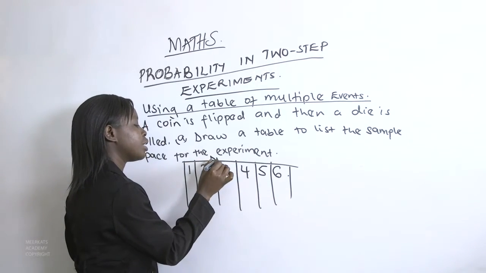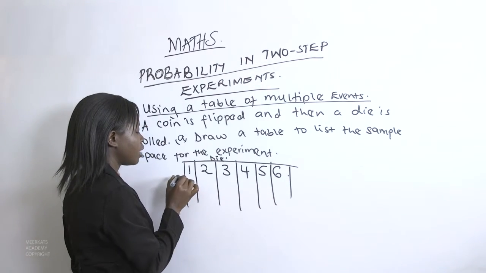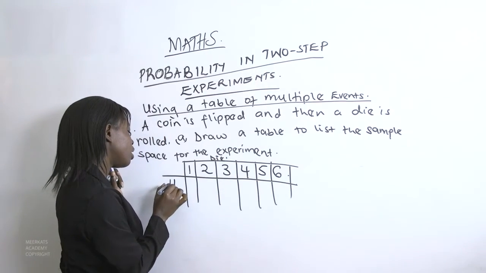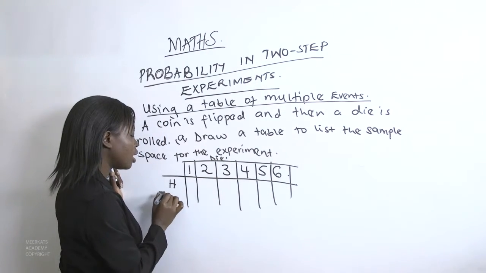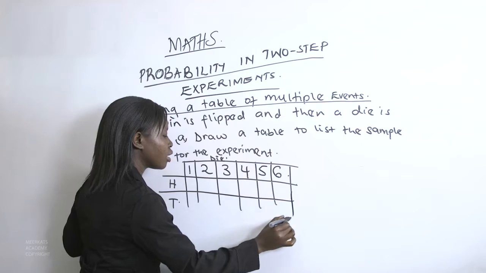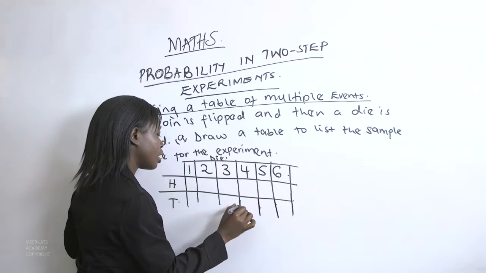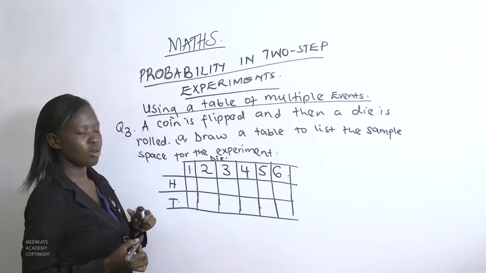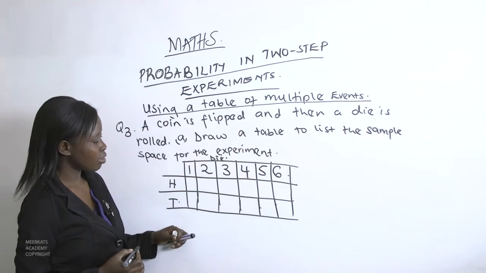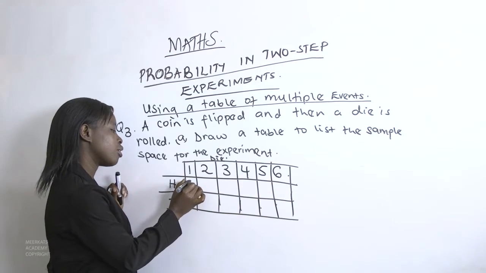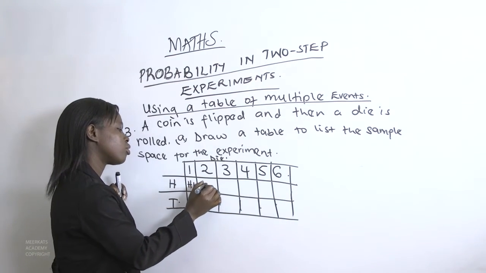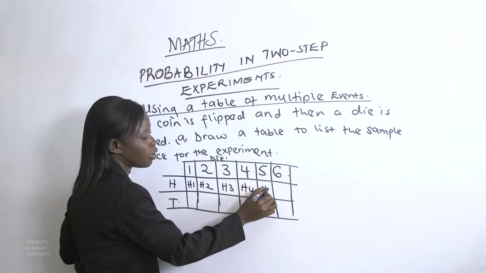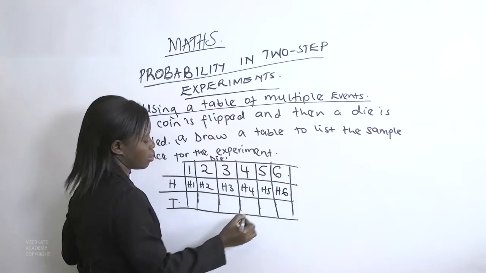So we have a die on this side. Then a coin has 2 sides, that is the head and the tail. Head and tail for the coin. So the outcomes that will be present in this case, we have head and 1, head and 2, head and 3, head 4, head 5, then head 6.